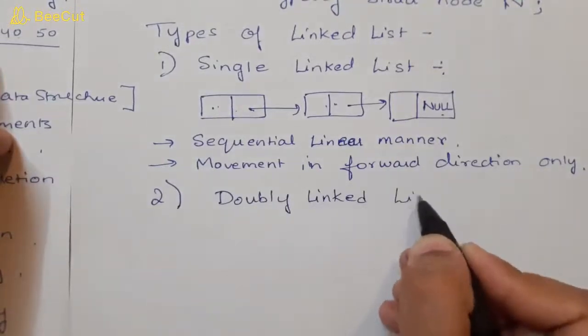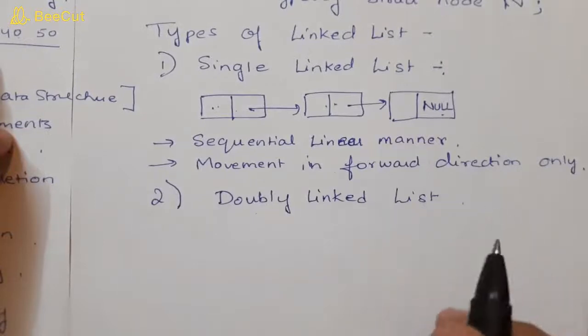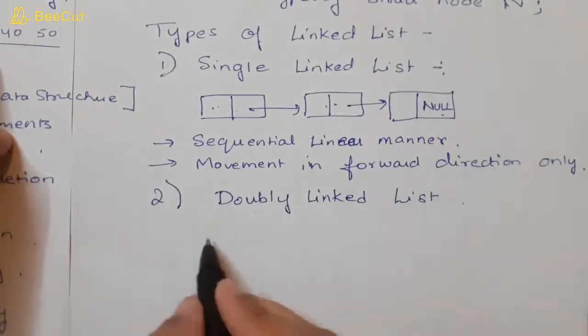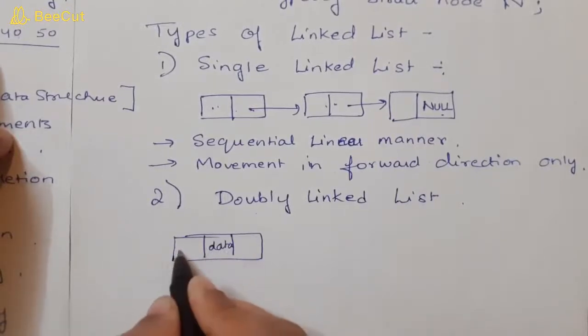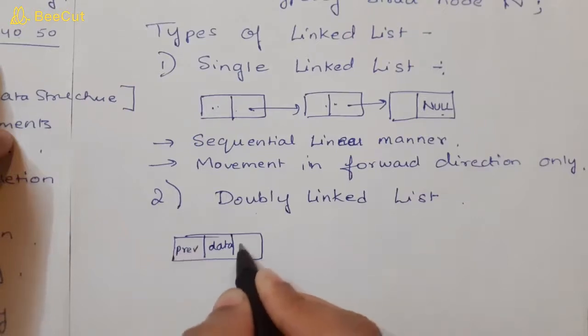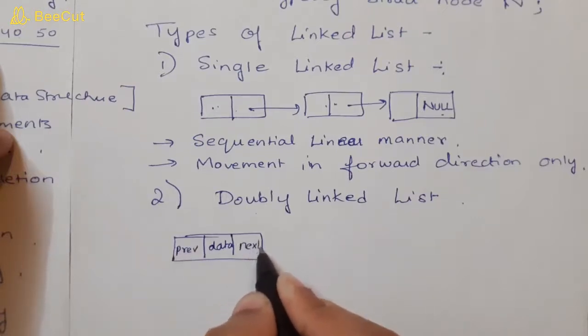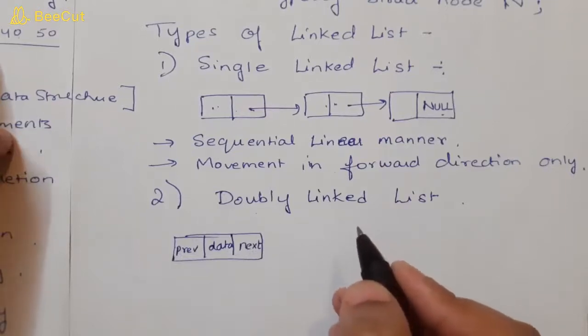In a doubly linked list, we use 2 pointers, so each node will have 3 fields. The middle one will be the data field. This particular field must be storing the address of the previous node, and this one will be storing the address of the next node.